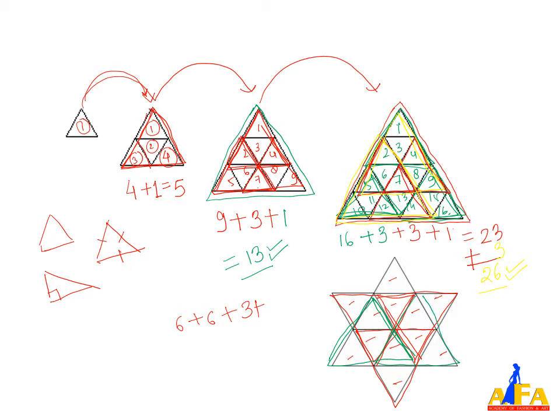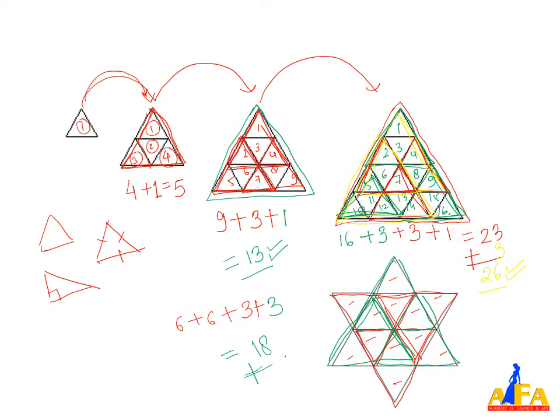Similarly, this side is also having a triangle and this side is also having a triangle. So in your mind you have to count only one and calculate that there are 3 similar triangles, so you can calculate easily. So 6, 6, 12, 12 plus 3 is 15, 15 plus 3 is 18.